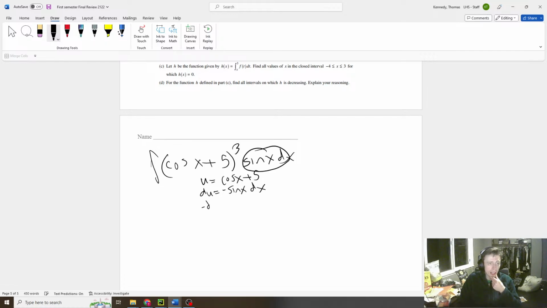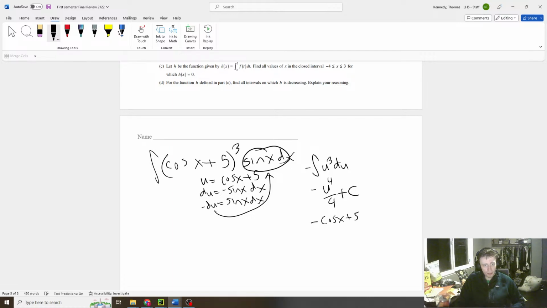So multiply both sides by negative 1, and you get negative du equals sine x dx. We can substitute negative du in for this stuff, and we get the integral of u cubed times a negative du. And this just integrates to u to the 4th over 4 plus c, and then you chuck in what u equals again. Get negative cosine of x plus 5, to the 4th, over 4 plus c.